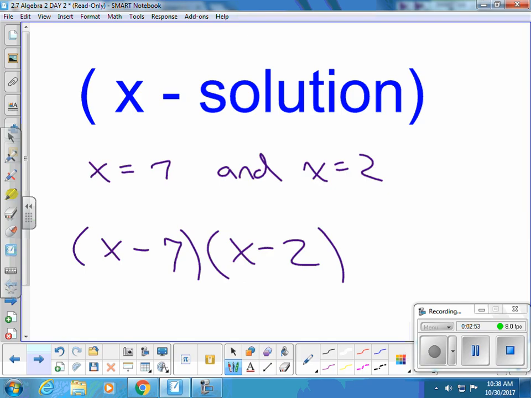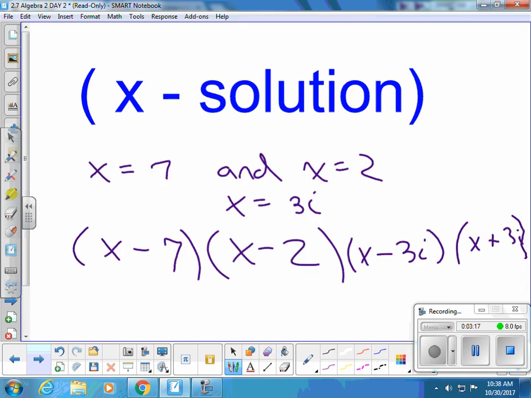So let's make it a little bit harder. Let's pretend x equals 3i was a solution that they provided to me. What would be the binomial that would go along with that? X minus 3i. It's always x minus the solution they provided. Now the conjugates theorem would make us go one step further, and it would make us include the conjugate of this binomial.